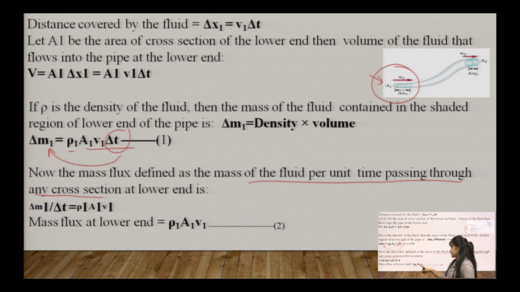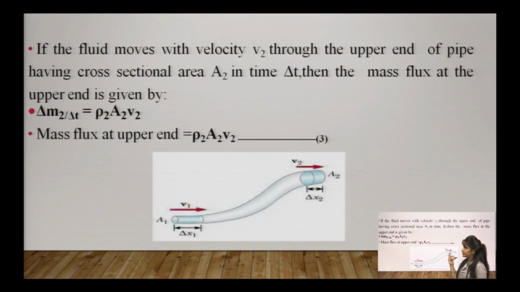The area will change to A2 and the velocity will change to V2. If the fluid moves with velocity V2 throughout the upper end of the pipe having cross sectional area A2, in time delta t it covers a distance of delta x2. Applying the same formula, multiplying the density with the volume, we get the mass flux as rho 2 A2 V2.